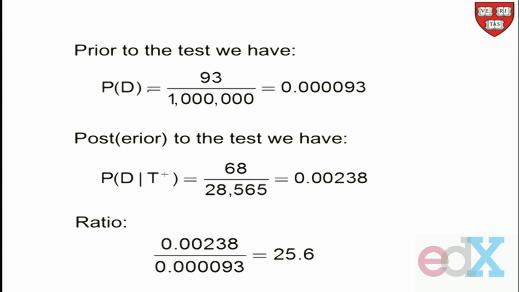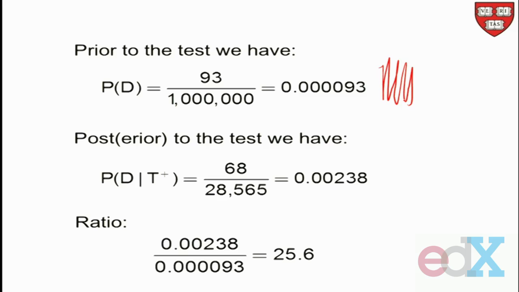Prior to the test, we had 93 per million. So we have this haystack out there, and the probability of finding a needle in there is 0.000093. It's 93 per million. After the test, we now have the positive predictive value. After the test, we're talking about 68 per 28,000.